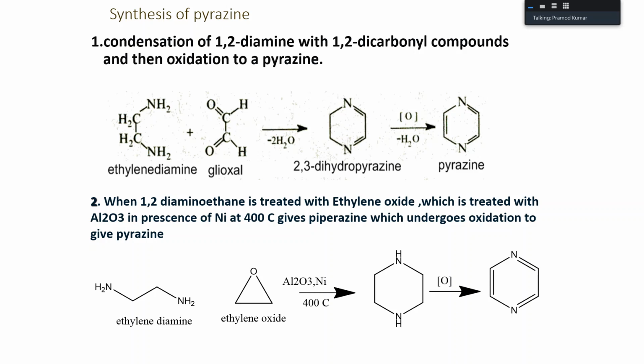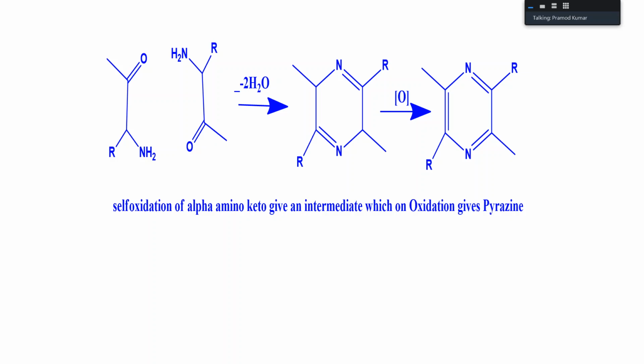This will undergo oxidation in the presence of palladium on carbon or selenium to give you your pyrazine. See, ethylene diamine is the common starting material. Ethylene oxide, when treated with it, undergoes fusion in the presence of iron nickel, giving piperazine, which undergoes oxidation to give you your pyrazine.